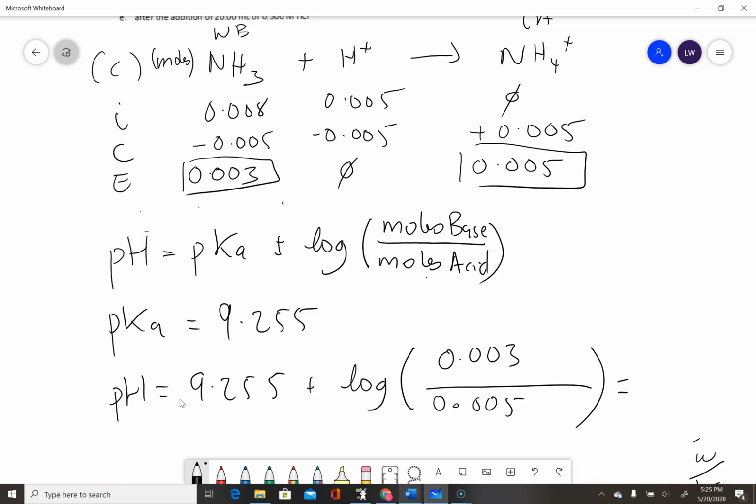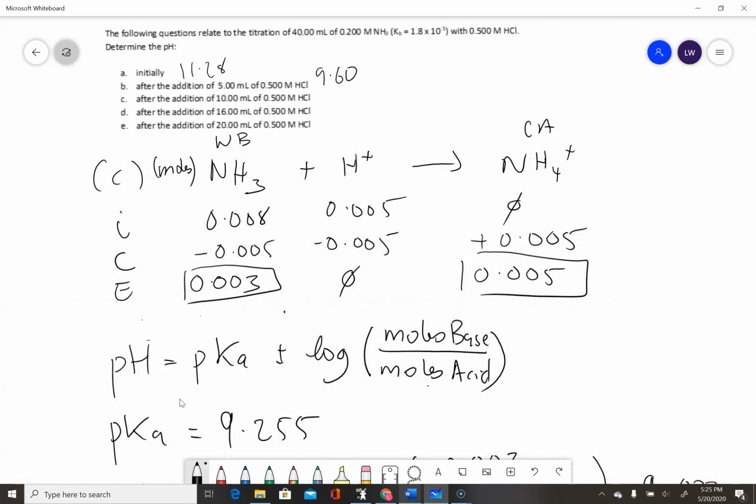Let's see what we get there: 9.255 plus log of 0.003 divided by 0.005, and if we're lucky, it should be a number that is lower than what we had before, and I got 9.033. So just compare, yep, it's continuing to head downwards. It's looking good there. I'm happy with this.